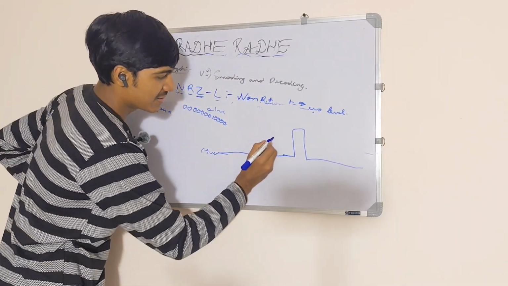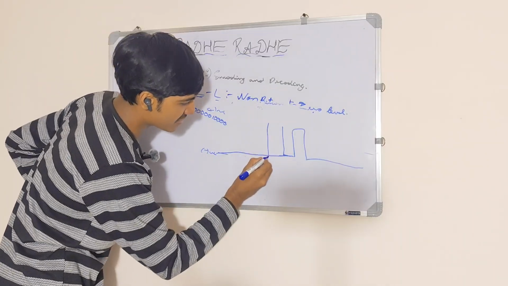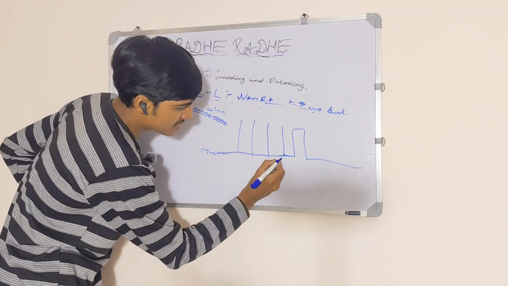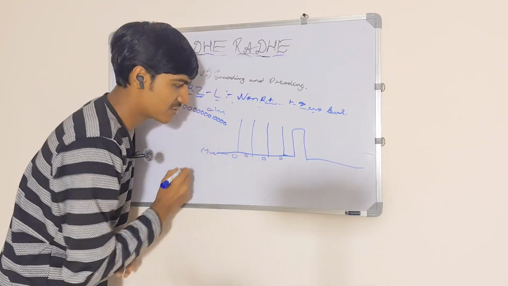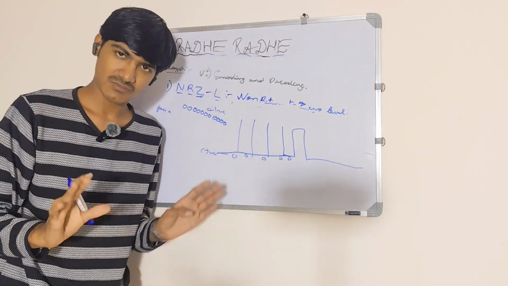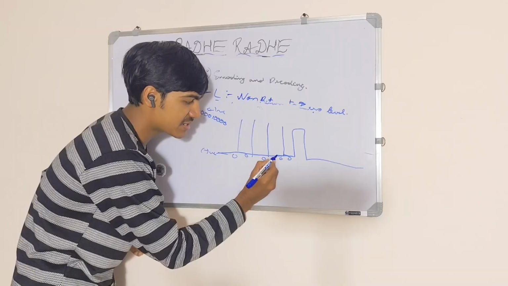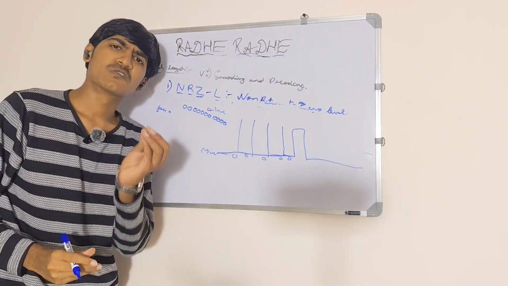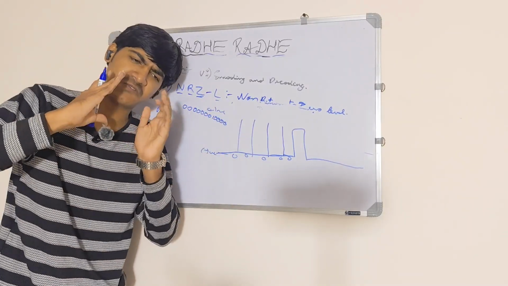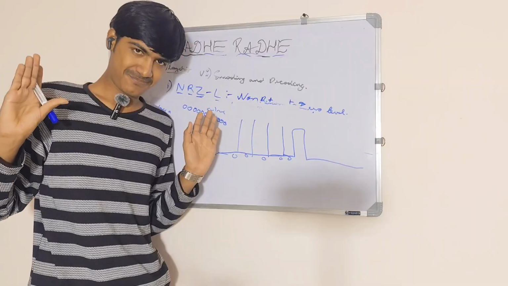This is the 1st clock, 2nd clock, 3rd clock, 4th clock. This is 0, 0, 0, 0. When will the receiver know this 0 has ended and the next 0 has started?